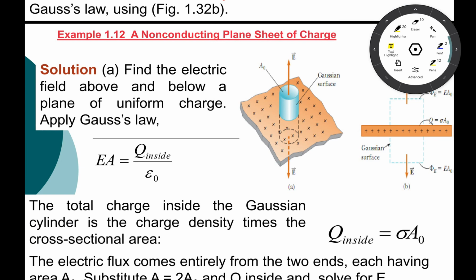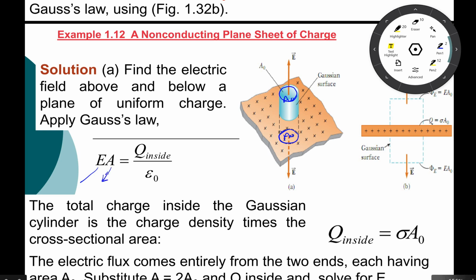The field lines go up and cross this surface whose area is A null, and the area on the other side is also A null. So in this case, the electric field is multiplied by the total area.